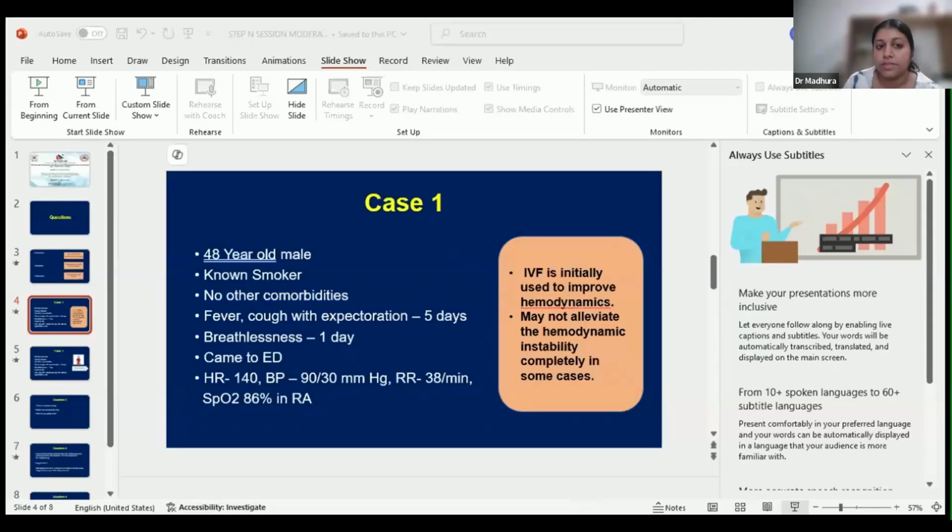So yes, this looks like a septic shock. Despite initial fluid resuscitation, the patient has not responded. So noradrenaline would probably be the first choice. Now, if there is no doctor available nearby, and the patient is having a peripheral IV line, what would you do?